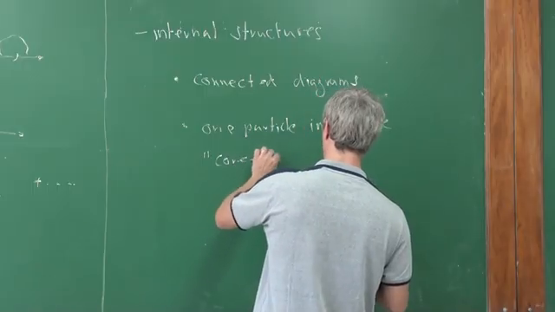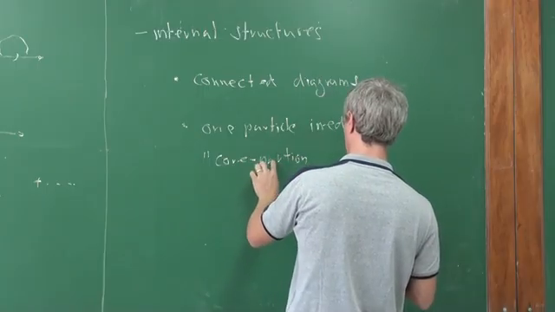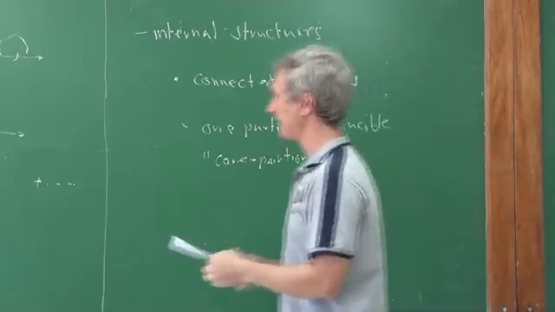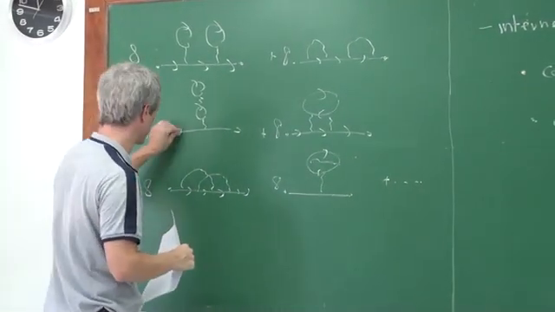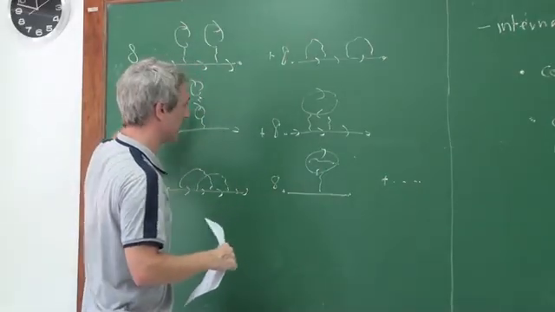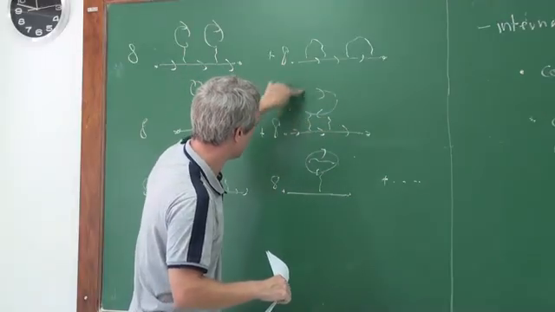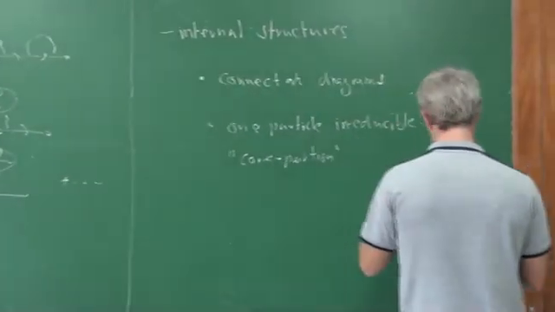So this means that the core portion, let's say, of the diagram, which is defined as the diagram after you take off the external legs. Okay, so for example, here you take off the external legs and you stay with this region. Here is the core portion. Here the core portion would be this part here that you obtain after taking off the legs.